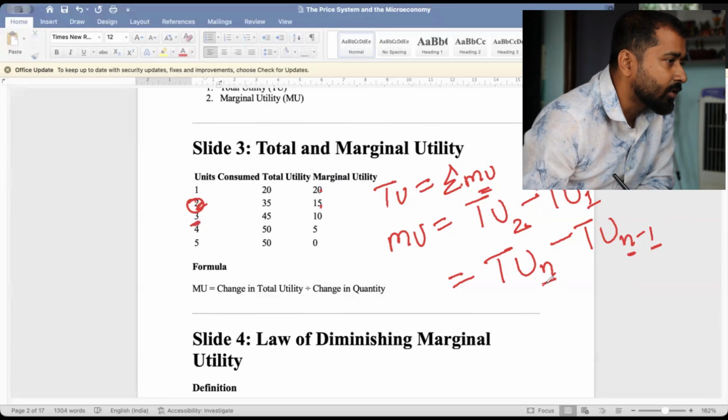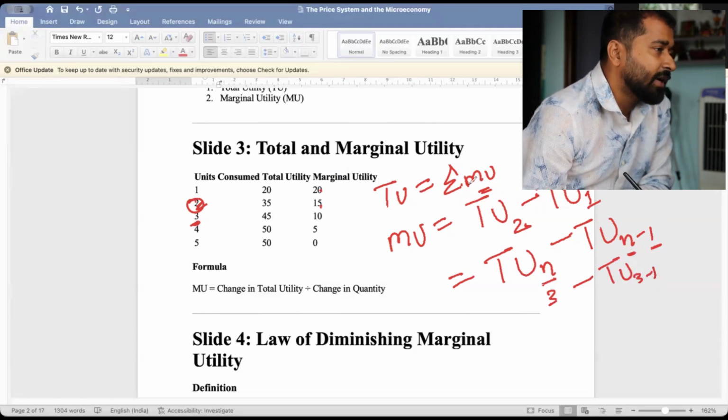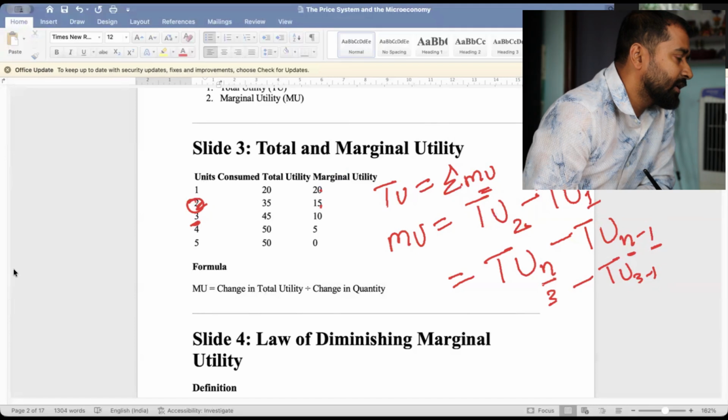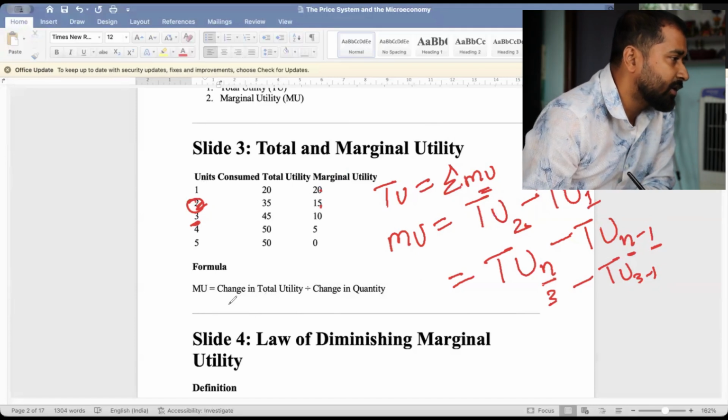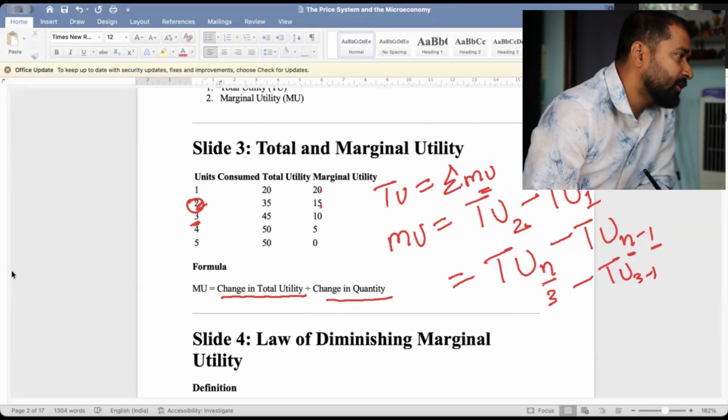I can go with 3 also: TU of the third commodity minus TU of the 3 minus 1, that means the second commodity. So we have two formulas: total utility equals sigma MU, and marginal utility equals TUn minus TUn-1. Another way to find marginal utility is change in total utility divided by change in quantity.